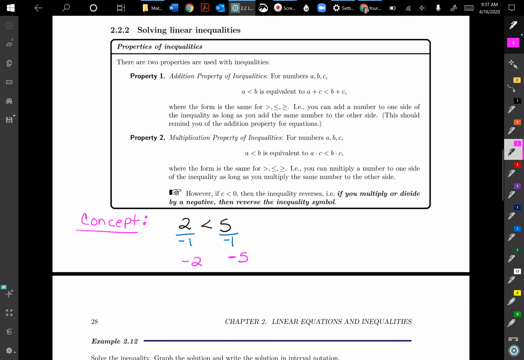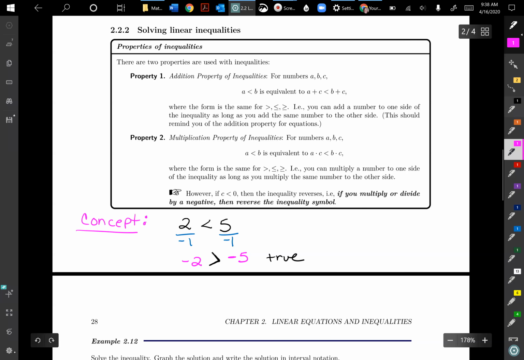But now what happens if I just carry that less than down? That's not going to be a true statement, right? -2 is not less than -5. So this is why we have to reverse that inequality, so we can keep it true. -2 is greater than -5 is true.